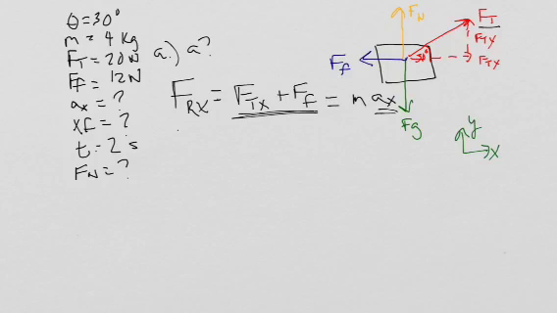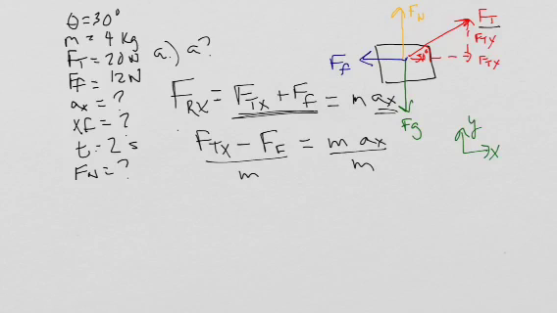My Ftx is going in the positive direction, whereas my Ff is going in the negative direction, and this is equal to the mass of the object times acceleration in the x. If I want to isolate ax, I've got to divide both sides by m.